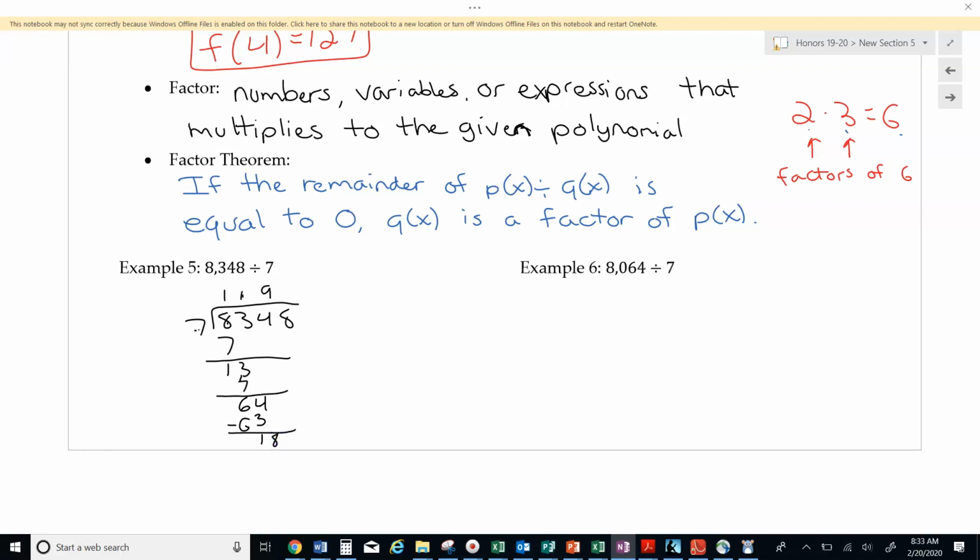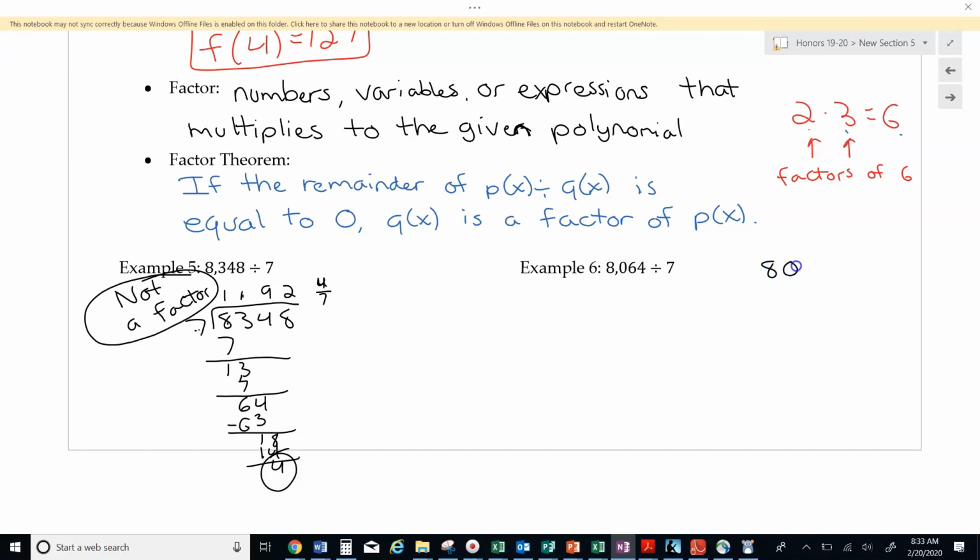And then 7 goes into 18 twice, right? And 4 is our remainder. So not a factor, right? I did all my long division and it was not a factor.